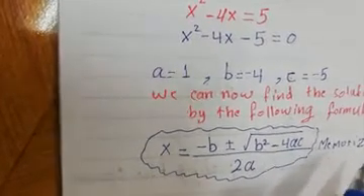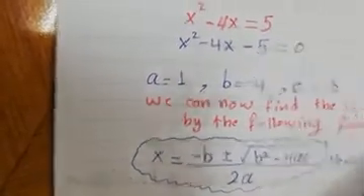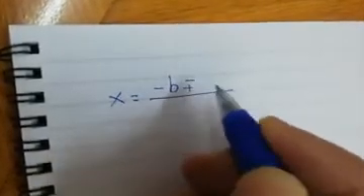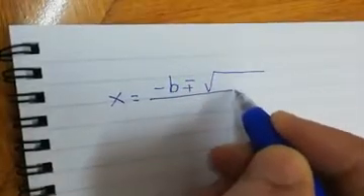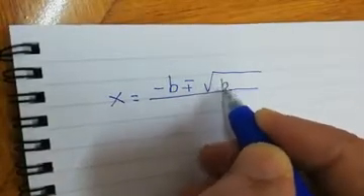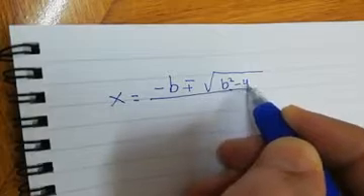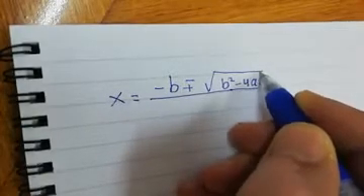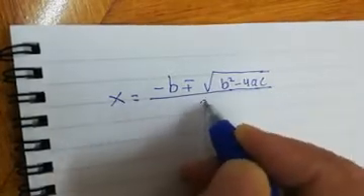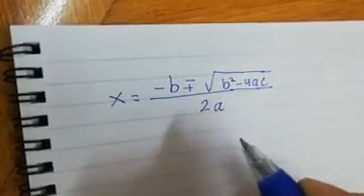Okay, let us start. Now I will complete here. So I will rewrite the formula. x equals -b plus or minus the square root of b squared minus 4ac, divided by 2a.